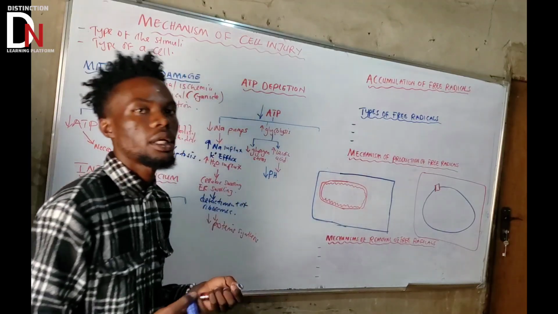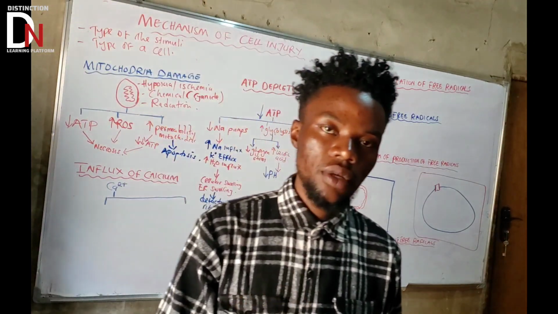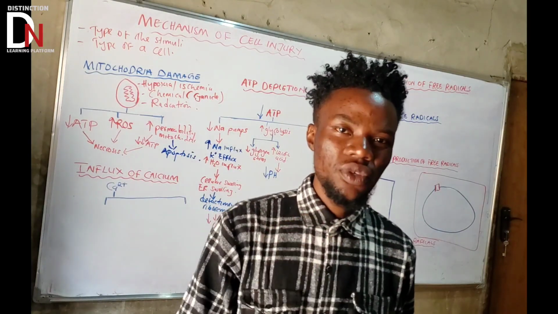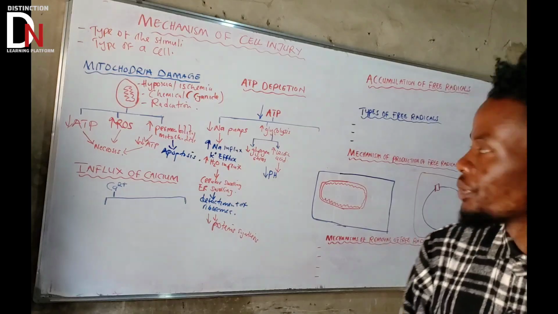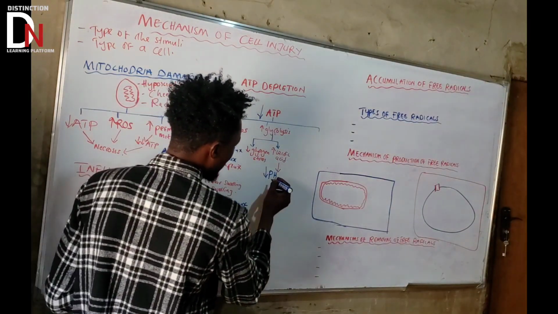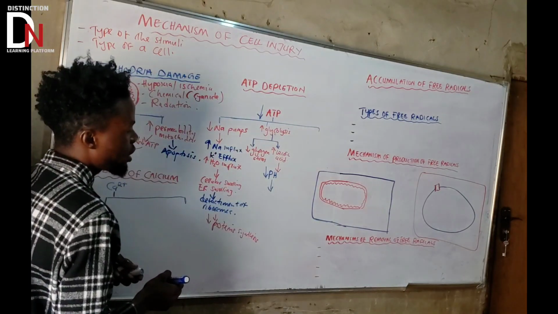Basically, it's making the cell become acidic, or have an acidic pH. Now what is the consequence of having acidic pH in the cell?